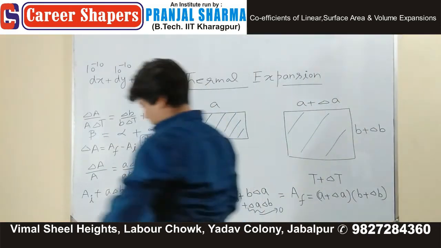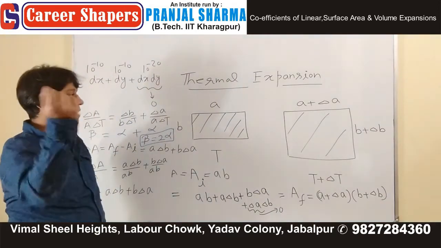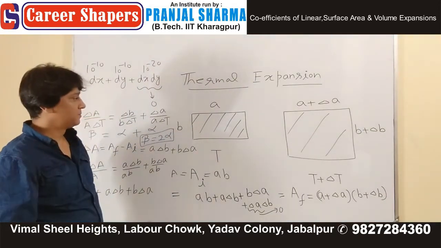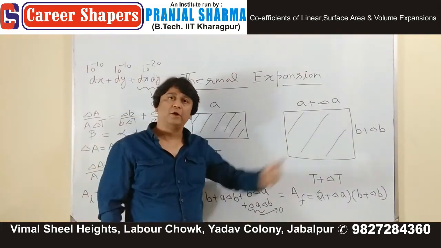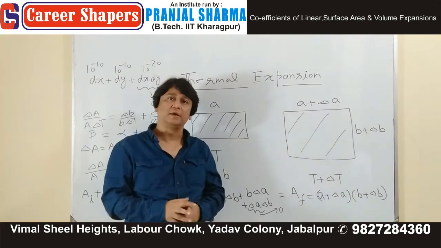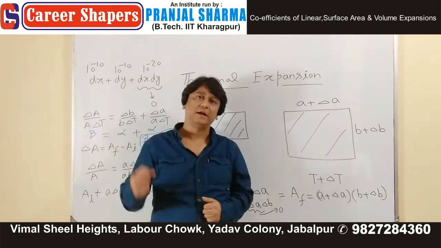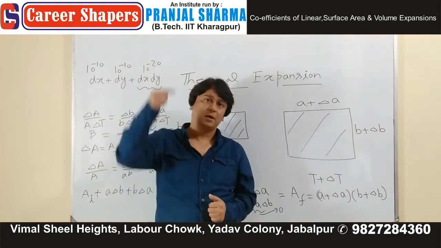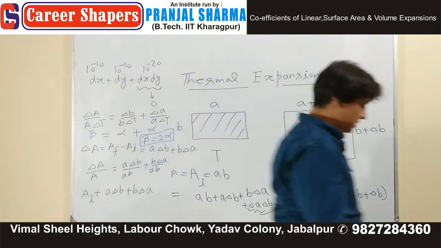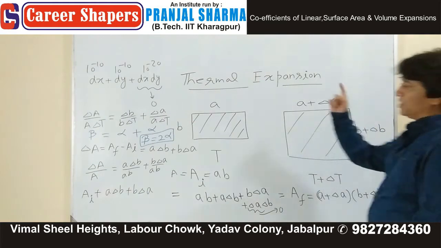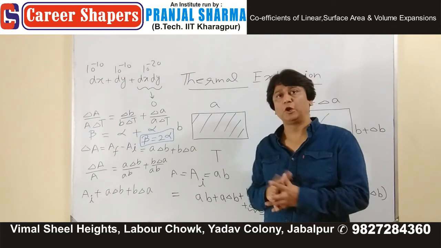Now, we have found a relationship between beta and alpha. I'm giving you about 1 minute's time. Take a cuboid of side length A, B and C. This is a plate with sides A and B. Now take a cuboid with side lengths A, B and C. Use the same concept, same technique, and then find the relationship between alpha and gamma, the coefficient of volume expansion.